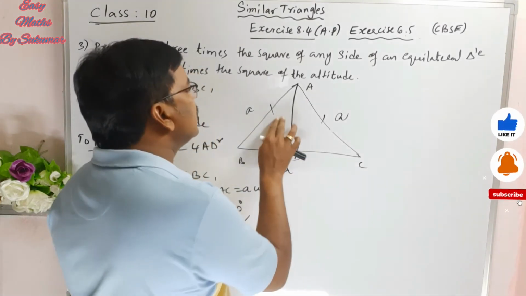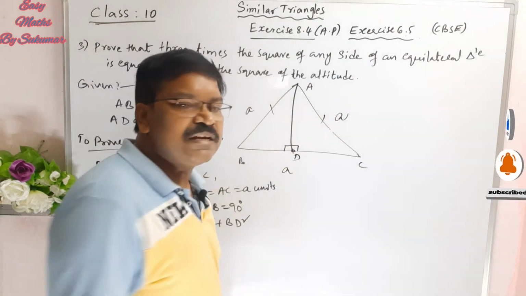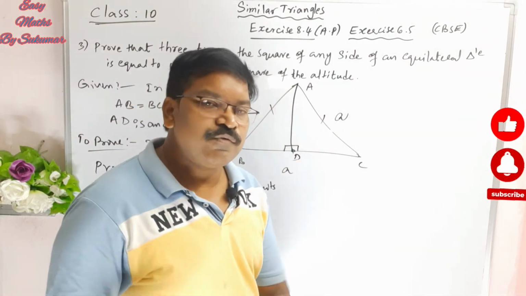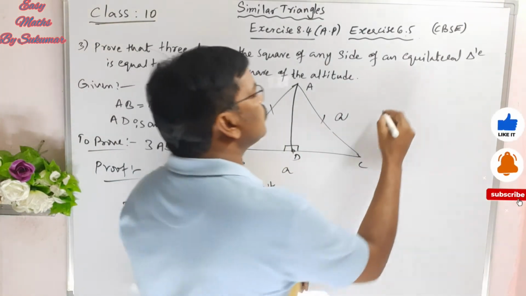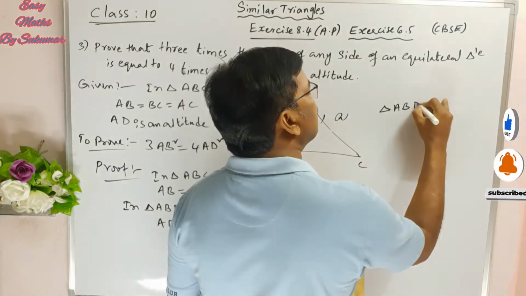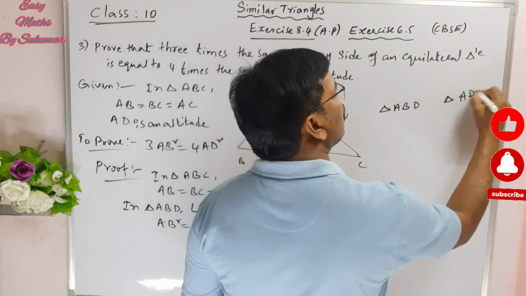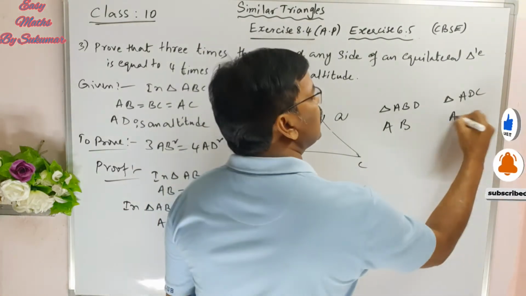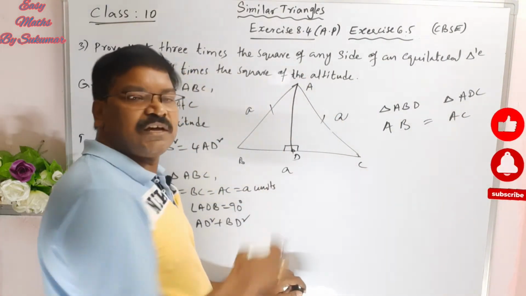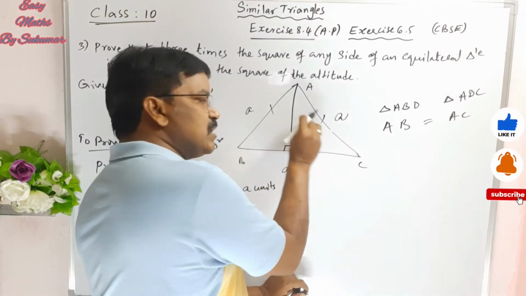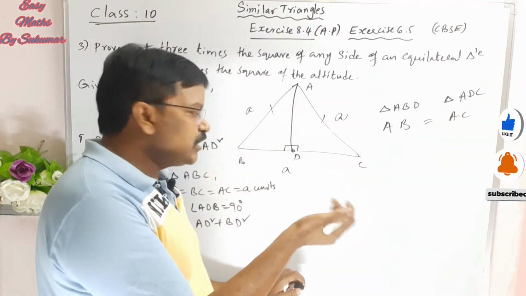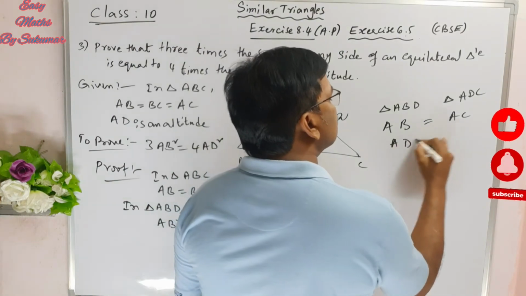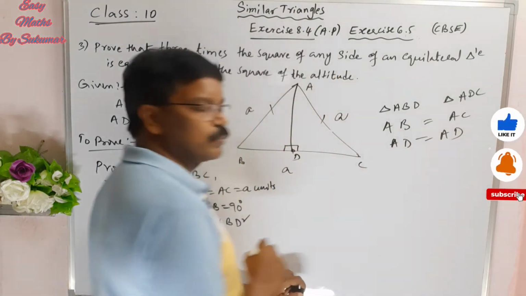Why? Because triangle ABD and triangle ADC are congruent to each other. How do you prove this? AB and AC are equal, and AD is the common side.